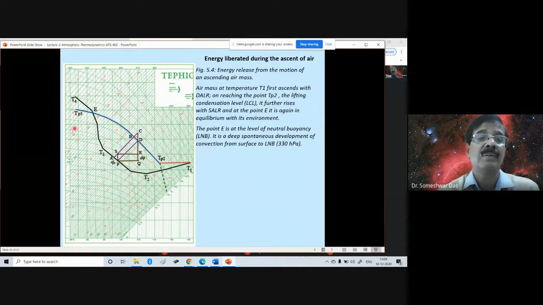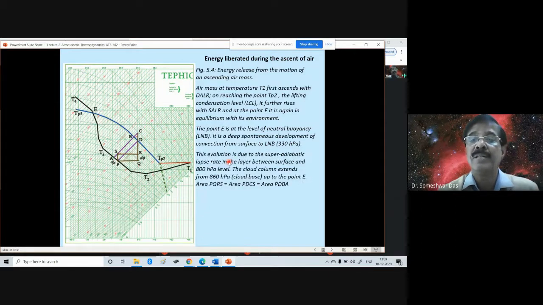If you look at this pressure isobar, you'll see that this pressure level is approximately 9 kilometers above the ground. And this may be about 800 millibar, maybe about 1 kilometer above the ground. So the depth of the cloud is approximately 8 kilometers in this case.